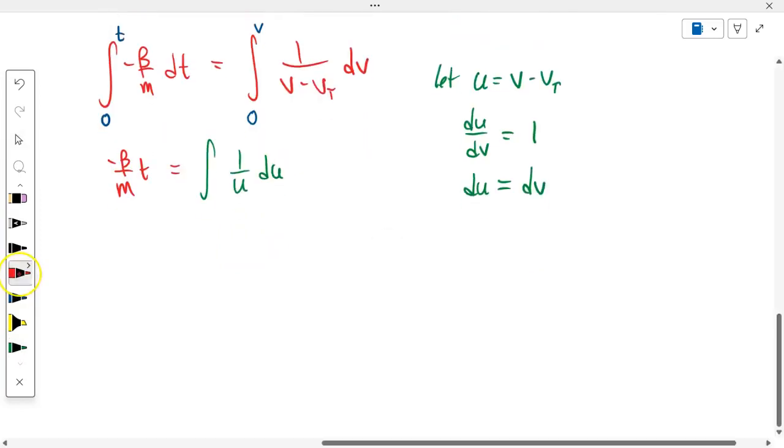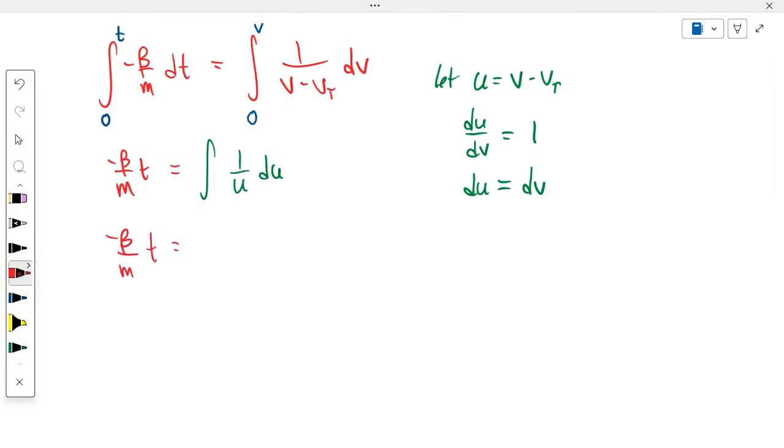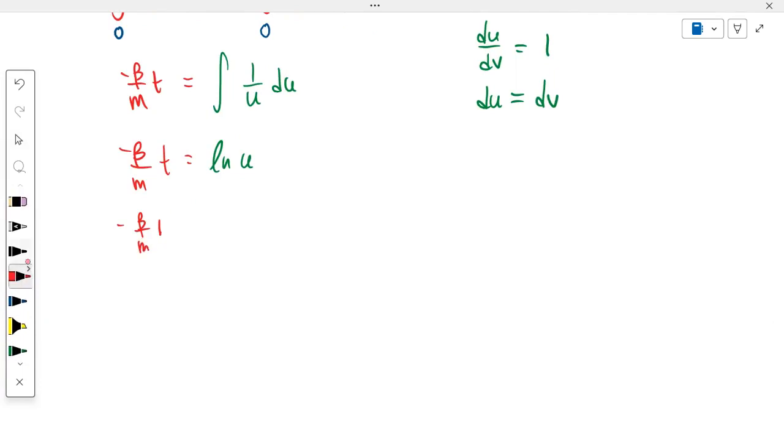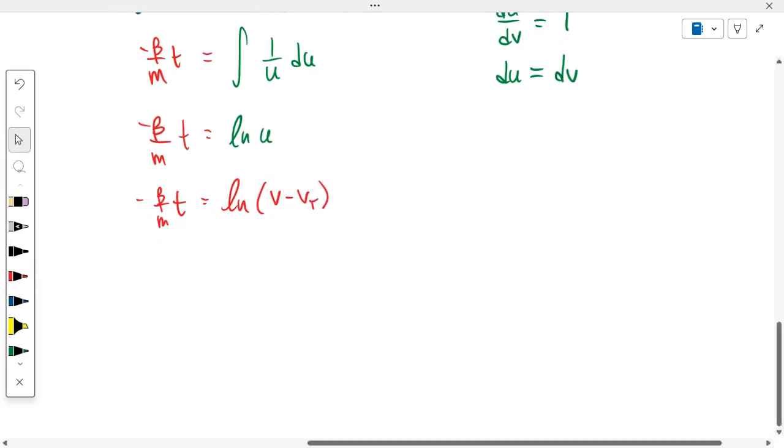Many of us know the integral of 1 over x dx, or in this case 1 over u du, is the natural log of u. So this is actually the natural log of V minus Vt, where we go back and put our limits in, evaluating from 0 to V.